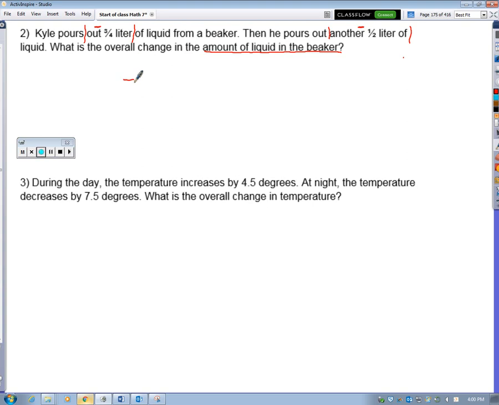So we know that he lost -3/4 plus, and I'm going to use some parentheses here just to help keep this separated, -1/2. And we want to find out what that equals. Alright? Dealing with fractions here, we got to get common denominators. That's the pesky thing about fractions.